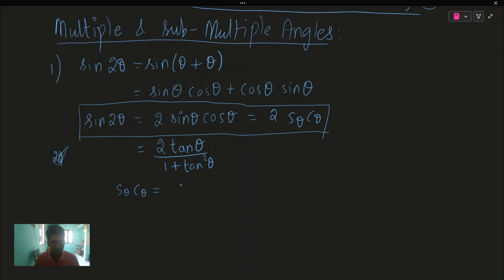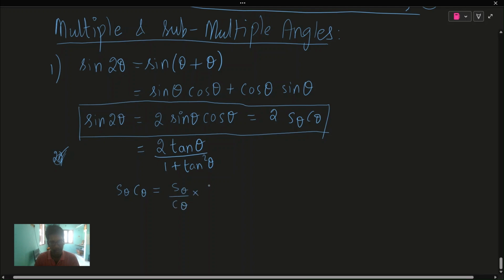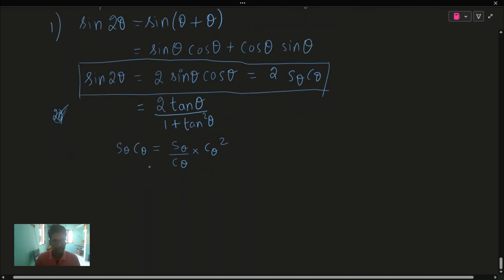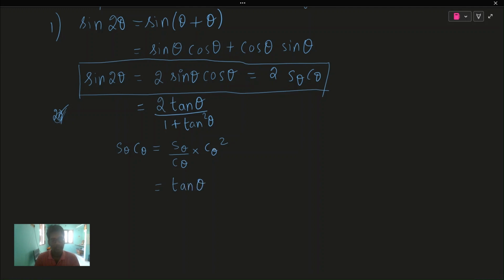Let's divide and multiply by cos theta. What we would get, sine theta divided by cos theta into cos theta the whole square. Am I right? So sine theta by cos theta can be written as tan theta, and cos theta the whole square can also be written as 1 by secant square theta, right?